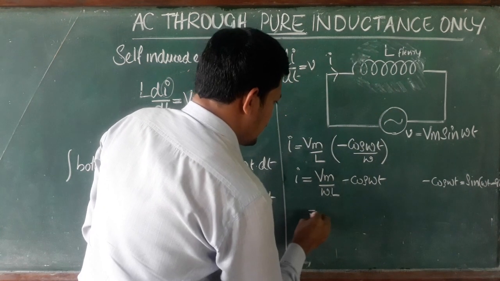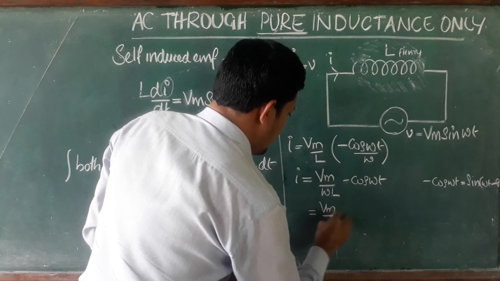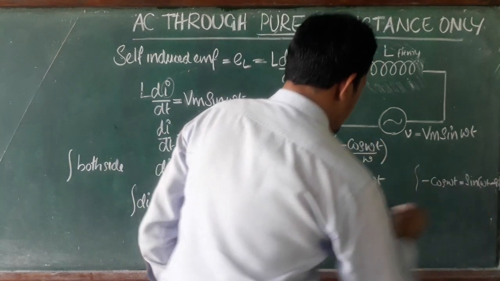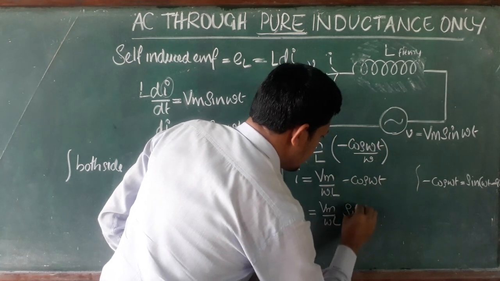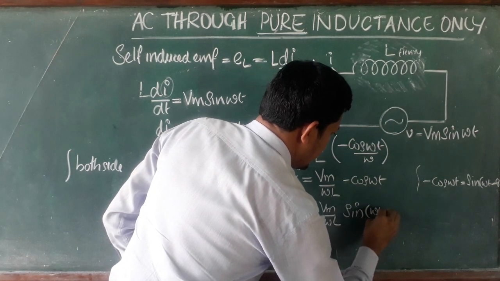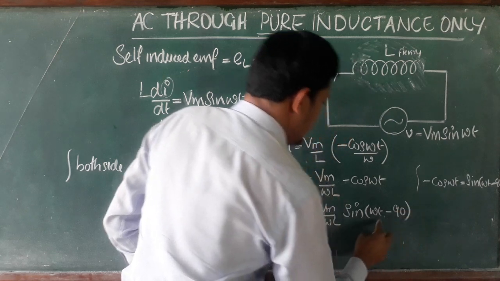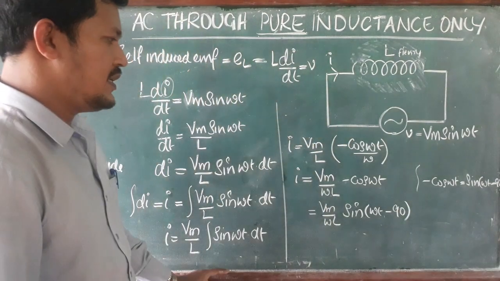So I equals Vm by omega L sine of omega t minus 90 degrees, or pi by 2.